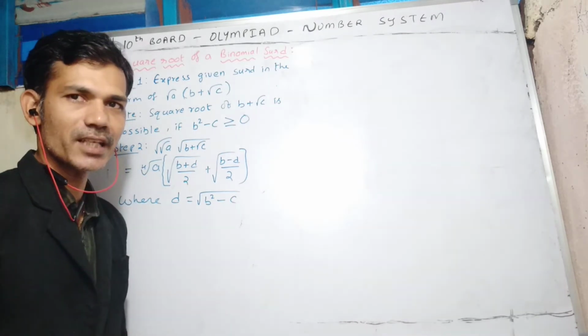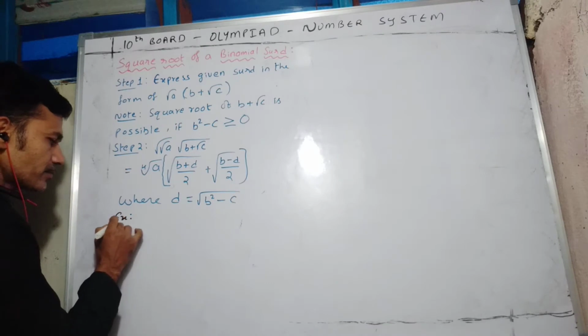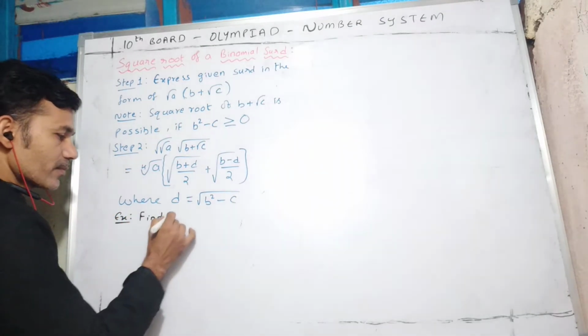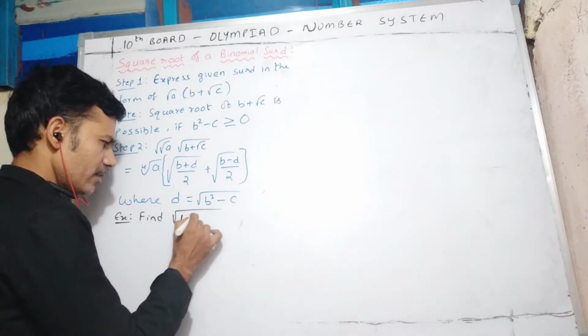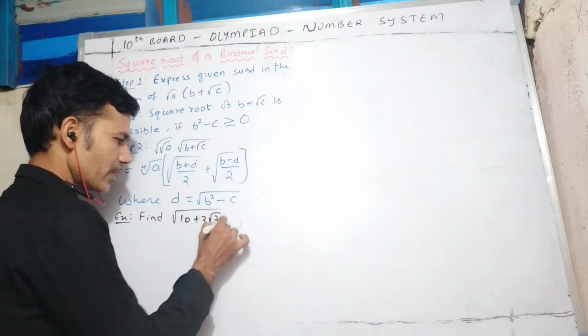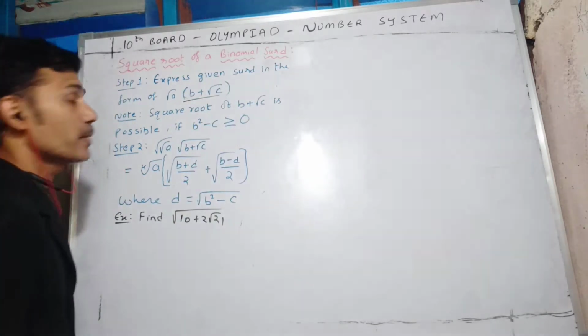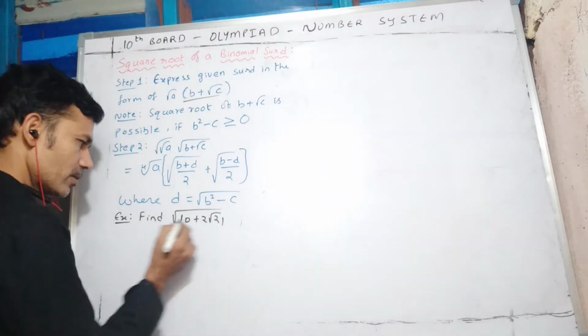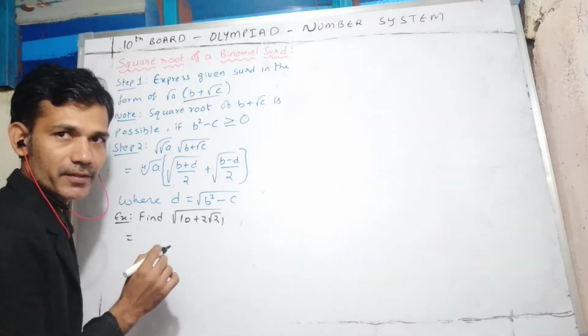If I tell one example, it will be more clear. Let us take an example. Find square root of 10 plus 2 root 21. First we need to express in this form, b plus root c. So what I will do, I can write 2 as under root of 4.